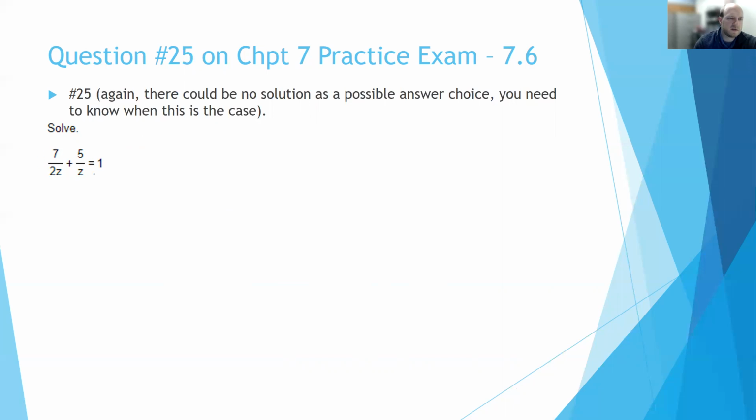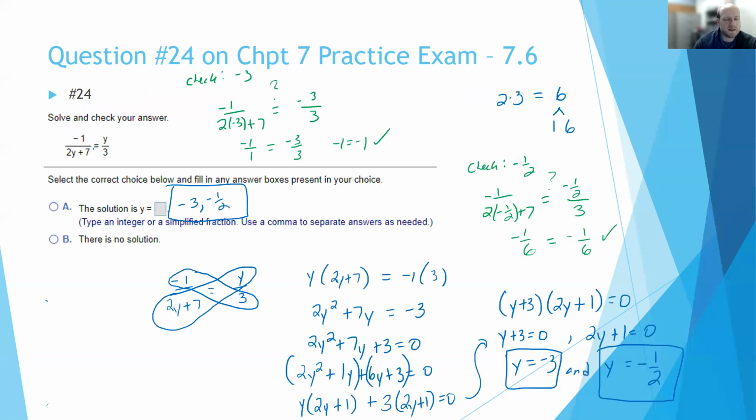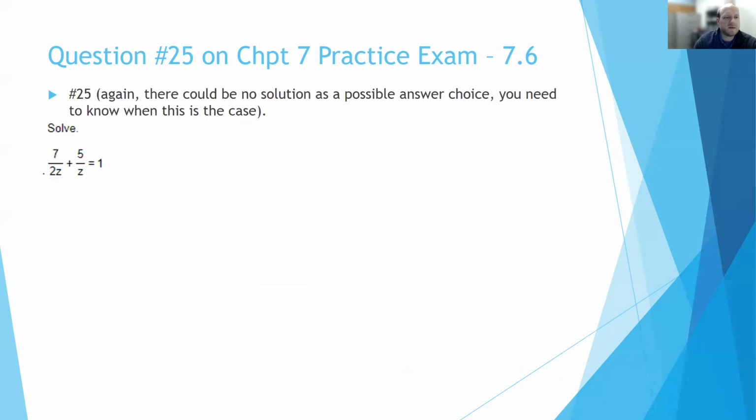But what we want to do for a problem like this, this is a little different. So before, what we did is we cross multiplied, and we could do that because we had a fraction basically over a fraction. Well, now I have a fraction and then plus another fraction. Okay, so what do I have to do? I have to get rid of the fractions. I have to get rid of that denominator.